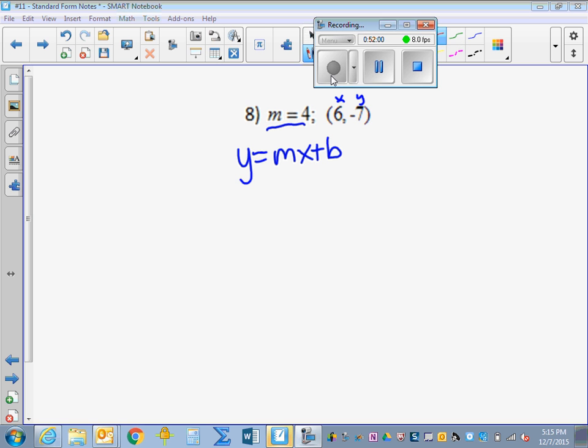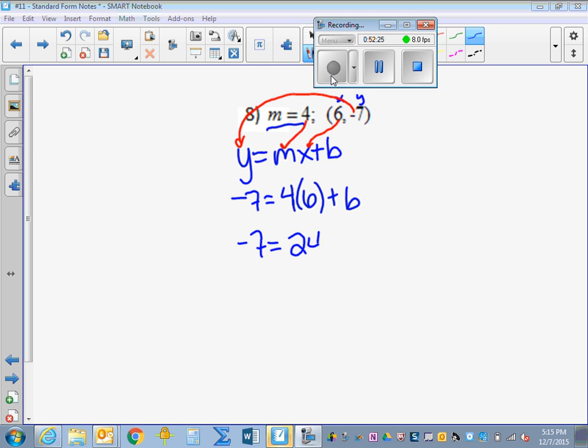We have 4 for m, 6 for x, and negative 7 for y. So negative 7 equals 4x, oh, x is 6, so let's put in 6 there: 4 times 6 plus b. And when we solve for b, this becomes positive 24, so subtract my 24.